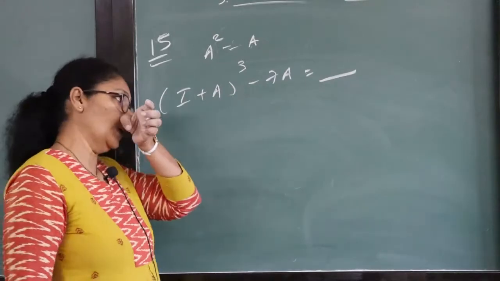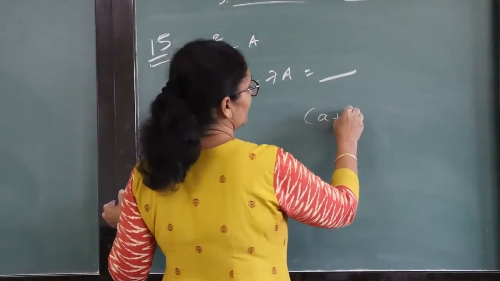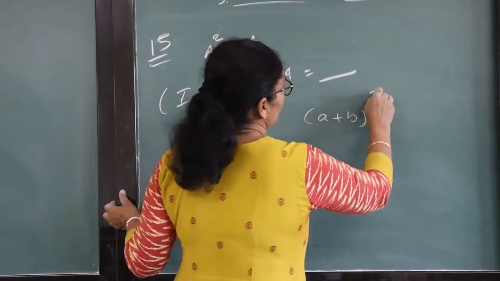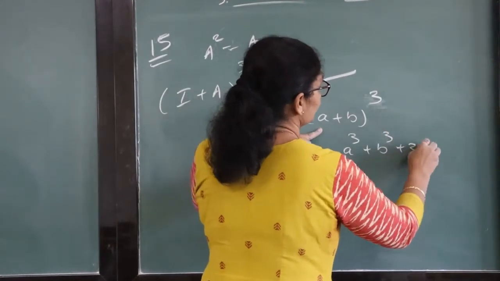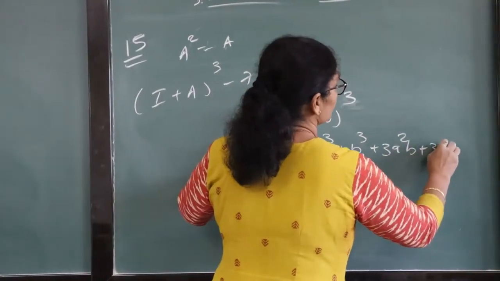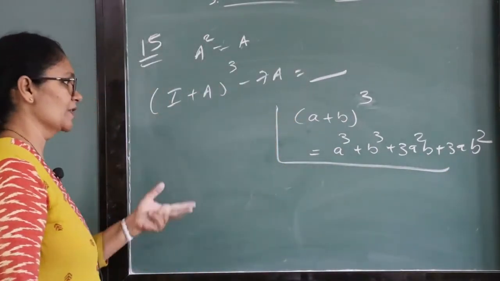Now I think you all know the formula for A plus B whole cube, but I am not sure whether you remember or not, so I am writing it again. This way we get the formula for A plus B whole cube.